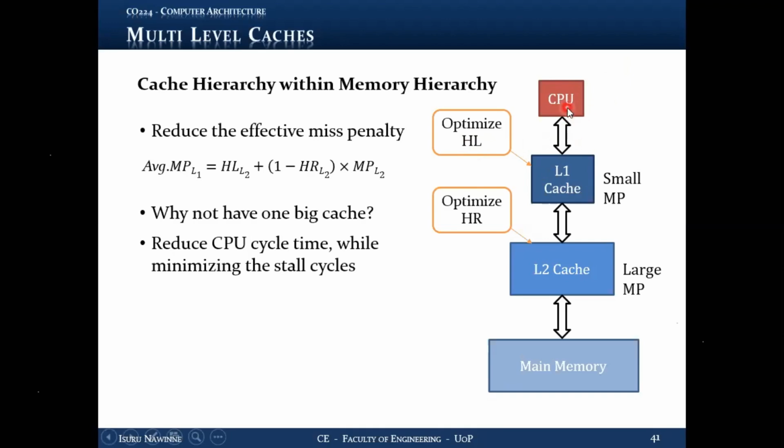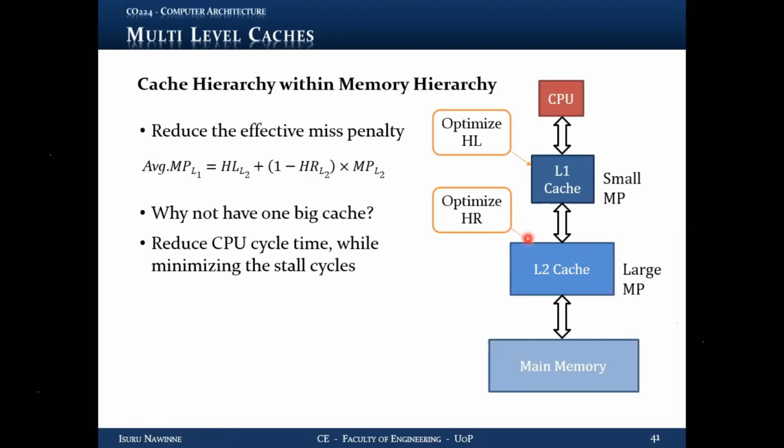And so the chance of an access being a miss at the top level is a little higher now, but we optimize the next level cache for hit rate, right? So you optimize the lower level cache to have a 99.9% hit rate, really high hit rates.